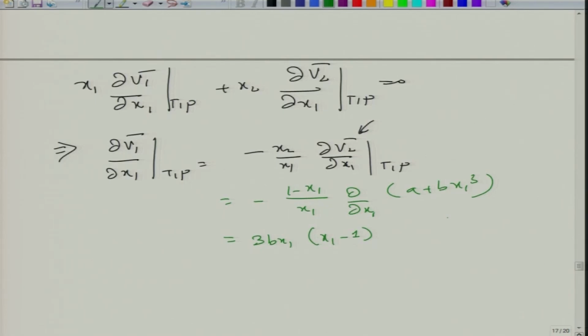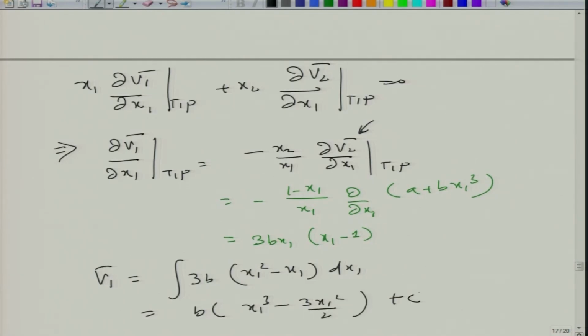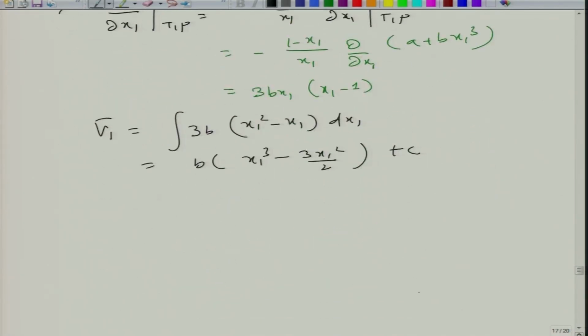So, this is the expression I have. I can integrate now, v1 as 3b x1 square minus x1 dx1, or b x1 cube minus 3 x1 square by 2 plus c, right. So, this is the expression of v1 bar.